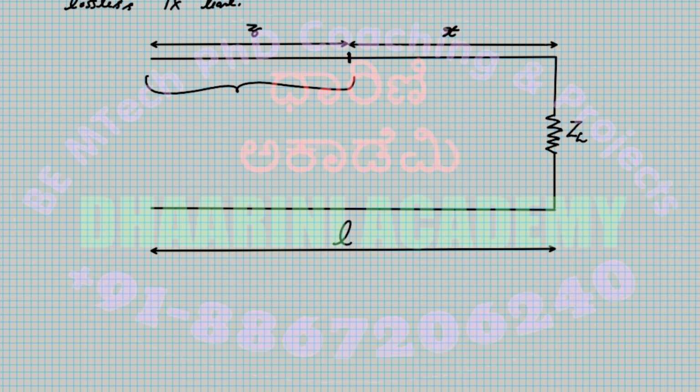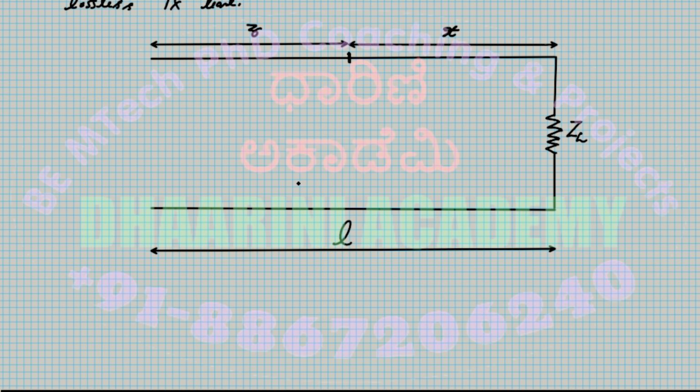As we know now, Z plus X is equal to l. If you want to write that for Z, it should be l minus X. So, Z plus X is equal to l, which implies Z is equal to l minus X. This is equation number two.